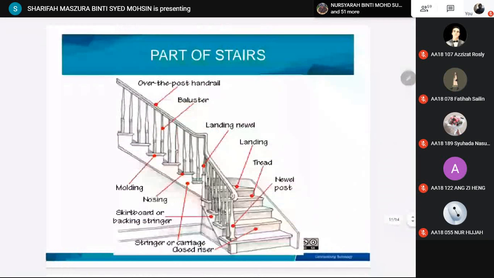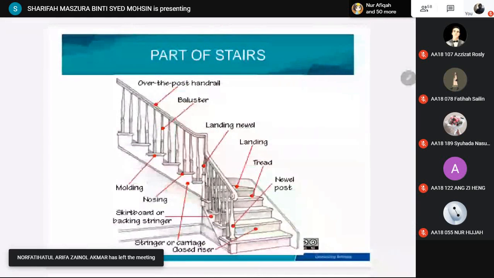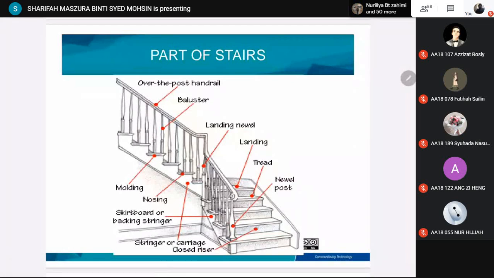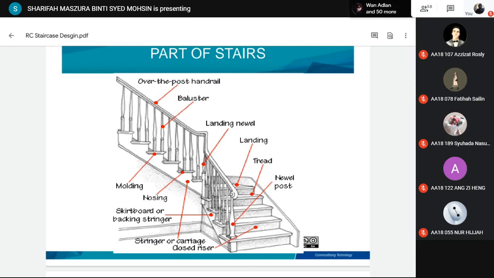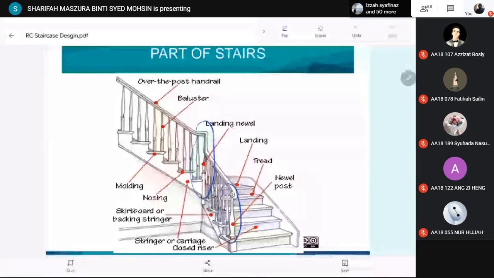So in the architectural part, we have lots of other finishes that we can include on the staircase. For example, we have the tread, and going is the same thing. We have newel post here, landing newel, and then over the post handrail and so on.